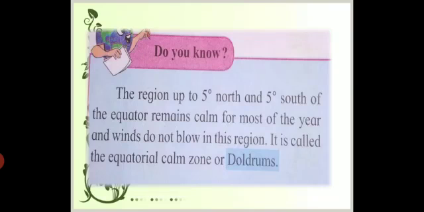Do you know? The region up to 5 degrees north and 5 degrees south of the equator remains calm for most of the year, and winds do not blow in this region. It is called the equatorial calm zone or doldrums.